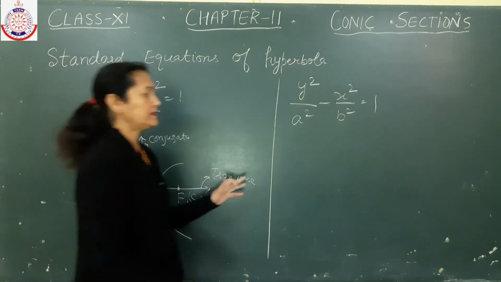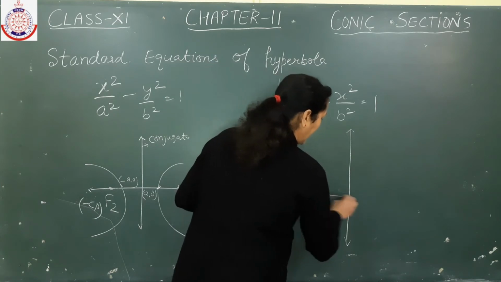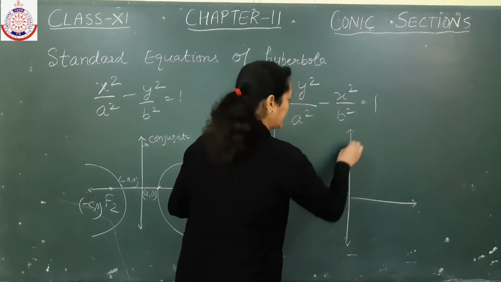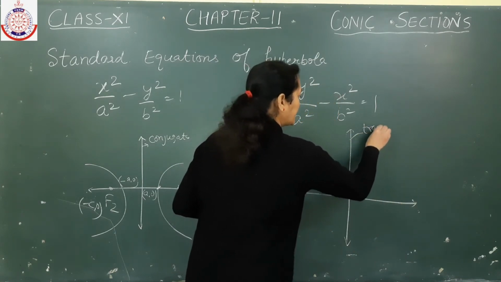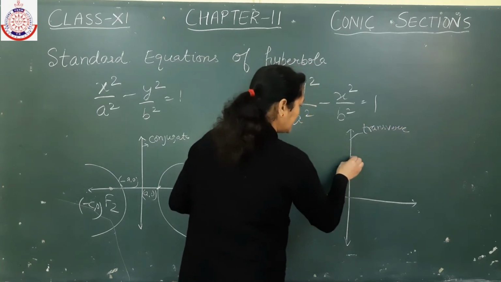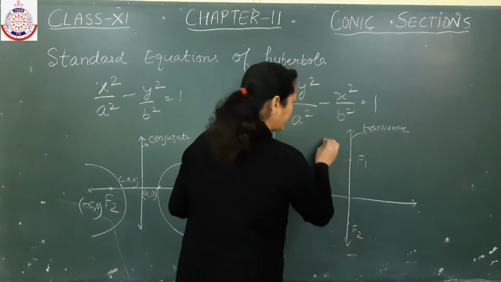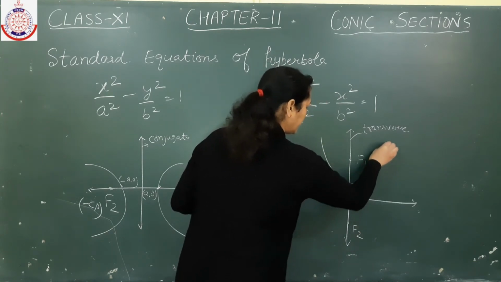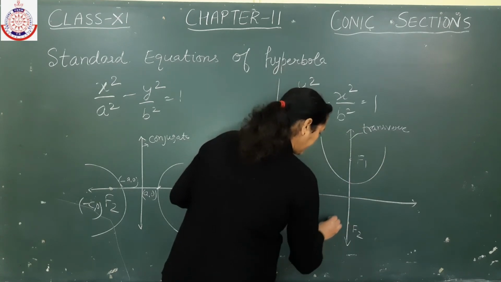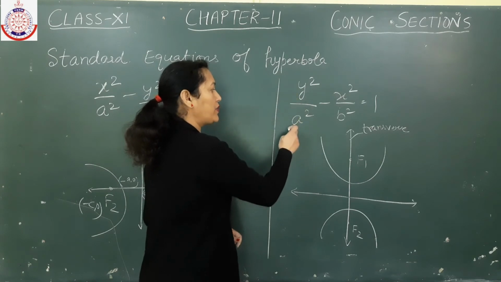In case this transverse axis lies along y-axis, y-axis is taken as transverse axis. In that case, we will be having this shape of hyperbola, and equation will become y square upon a square.